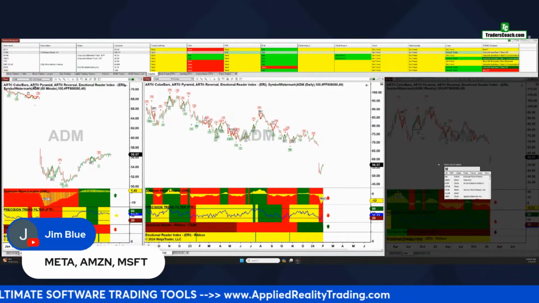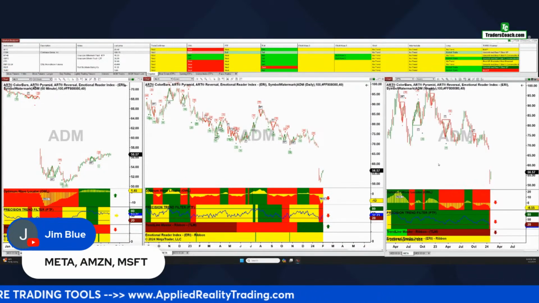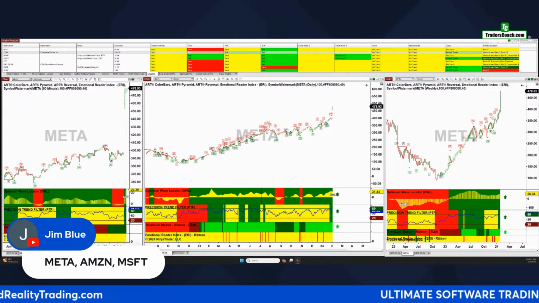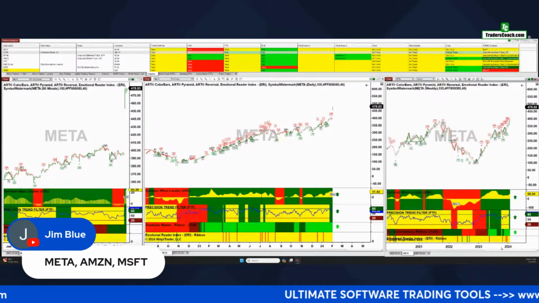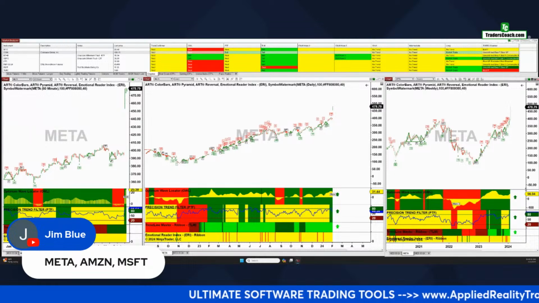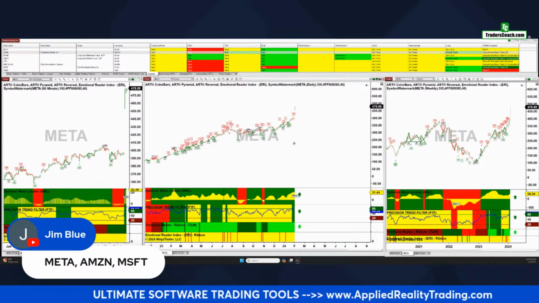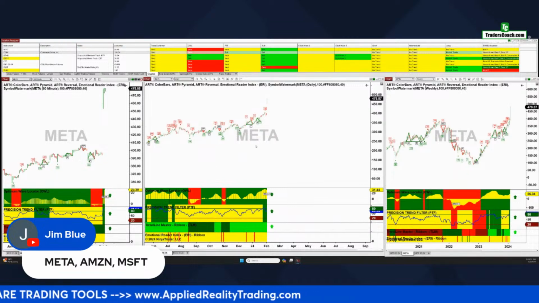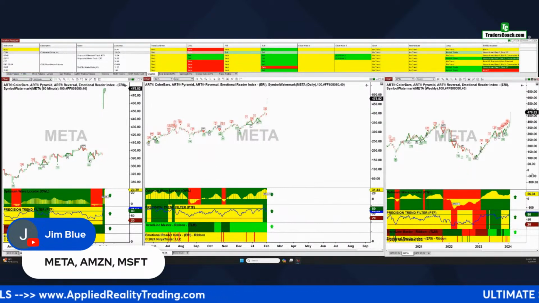Meta. All right, nice gap up on Meta, right? So Meta is going. The pyramids had you long already. If your stop was under any one of these pyramids on any of the charts, you would have taken advantage of this move to the upside.